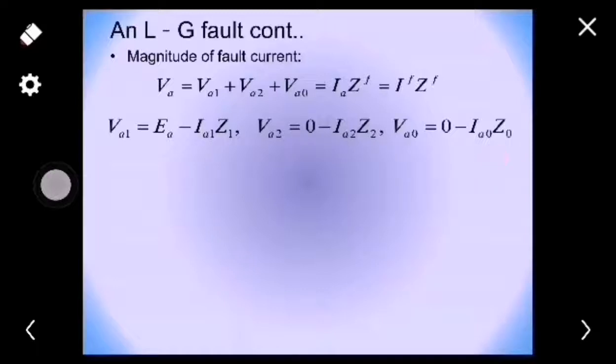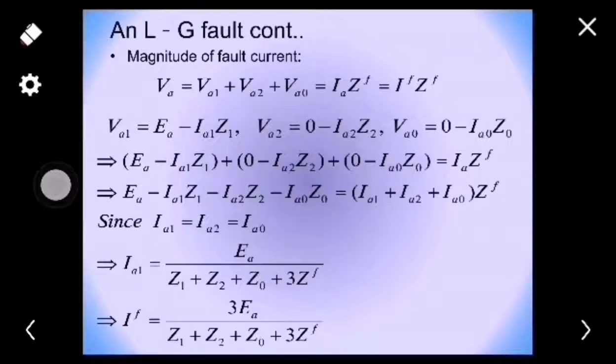Using these 3 basic equations and putting them into the first equation, VA is equal to IA into ZF. This is my first boundary condition. So put this second row of equations into the first row, that is the boundary conditions, to derive IA1.